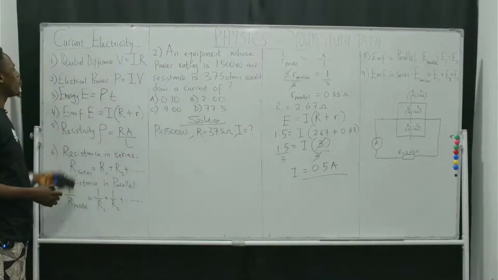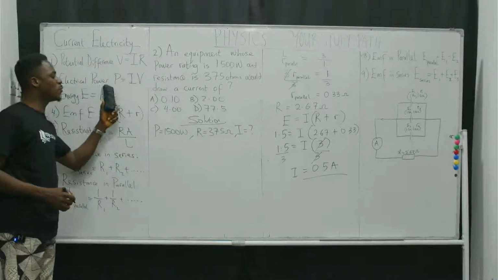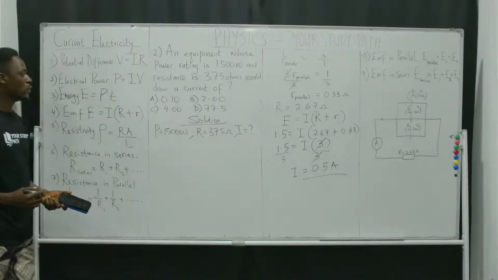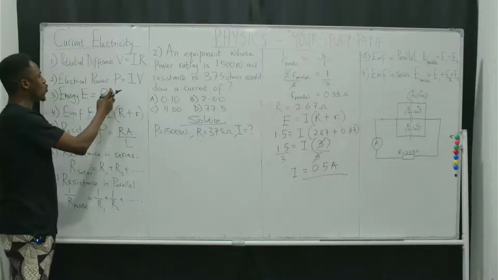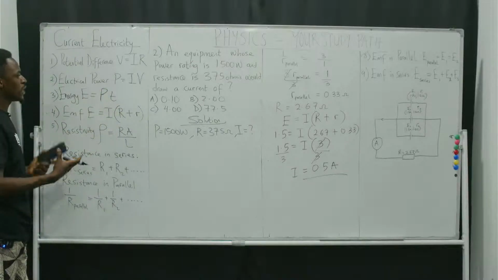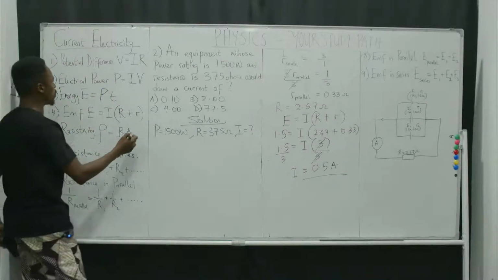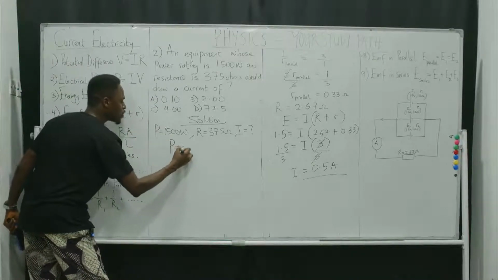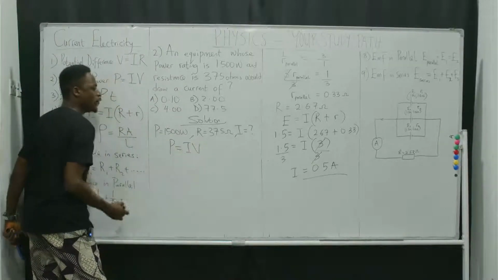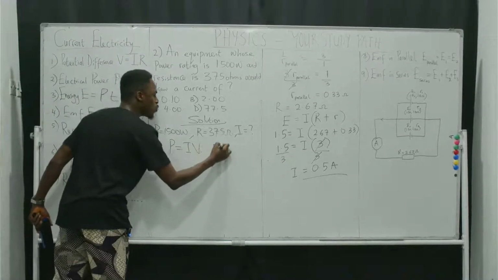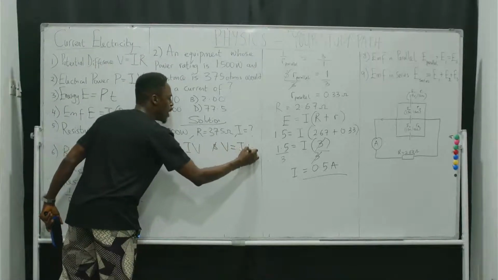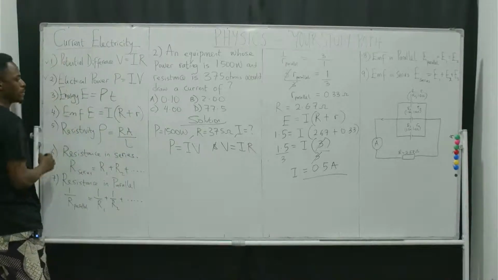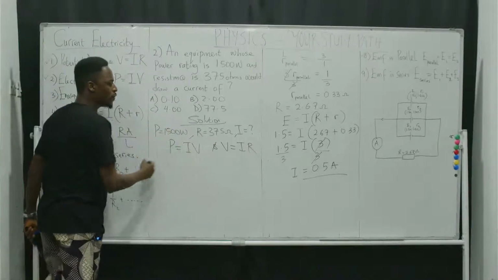But checking our formulas, we don't have any formula that combines power, resistance, and current together. So we pick formulas that we can combine. If P equals IV, and V equals IR, meaning we are using formula 2 and formula 1, V is not given in the question.